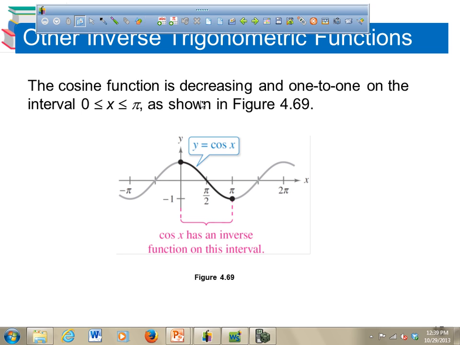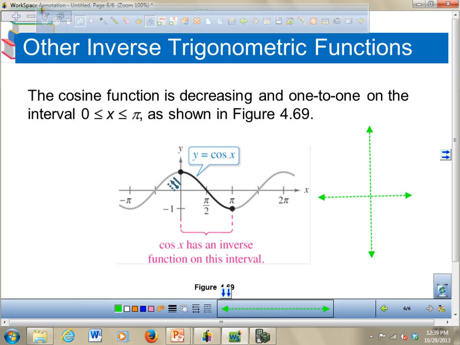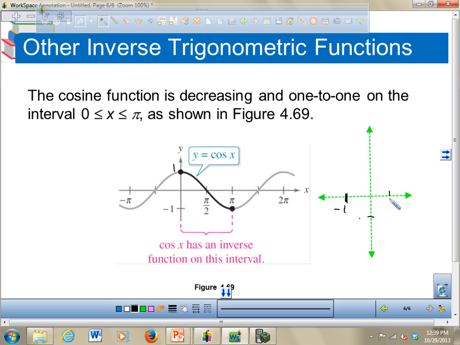So when I'm graphing my inverse cosine function, I'm just going to sketch a graph of what it looks like. Okay? It also goes from positive 1 to negative 1, right? This is negative 1, positive 1 on the x-axis, okay? The values that I can plug in have to go from negative 1 up to positive 1.